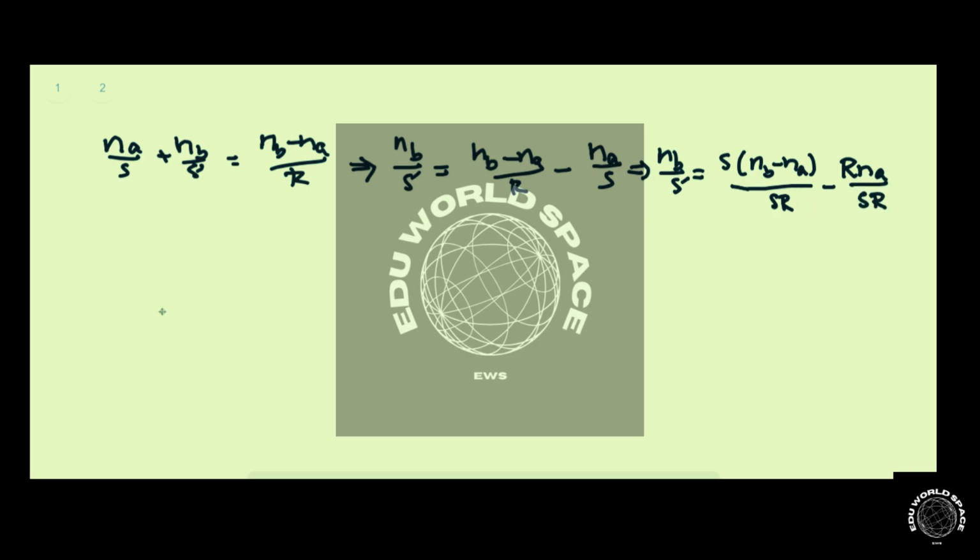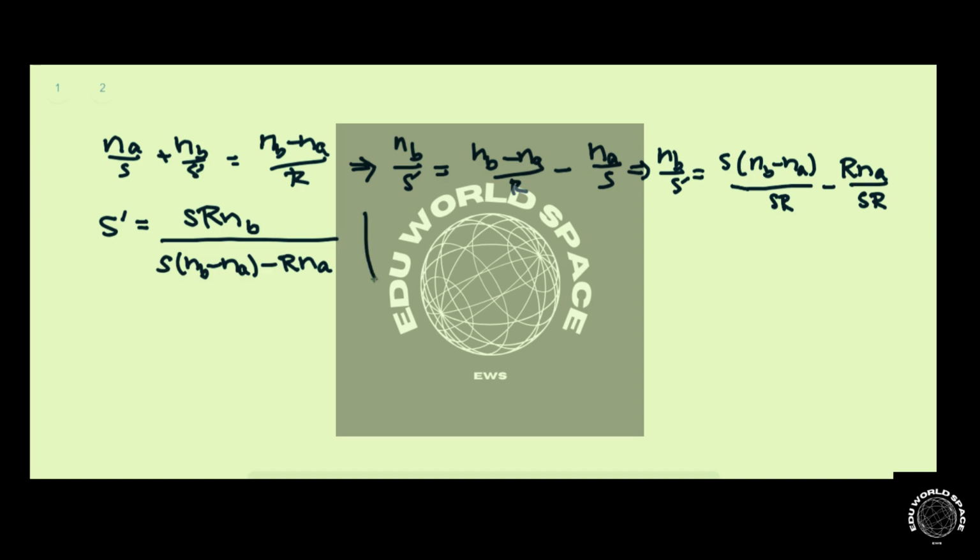So we can solve for S prime. S prime is given by S R NB divided by S times NB minus NA, minus R times NA.